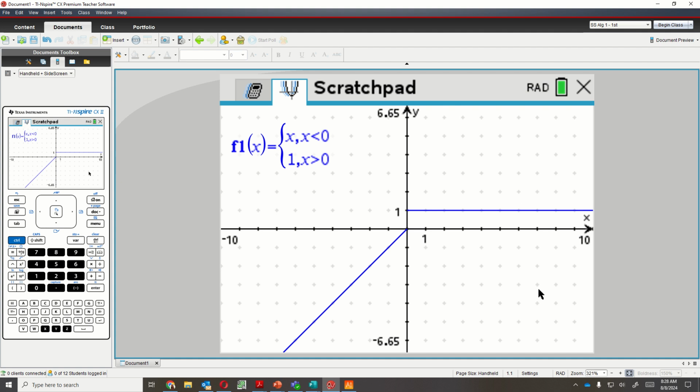Now, if I just plug in 0, what's my answer? Why is it undefined? Is it anywhere equal to 0? It's not equal to 0 on either side because of the restrictions I put on it, where x is either less than 0 or greater than 0, but nowhere is x going to be equal to 0.